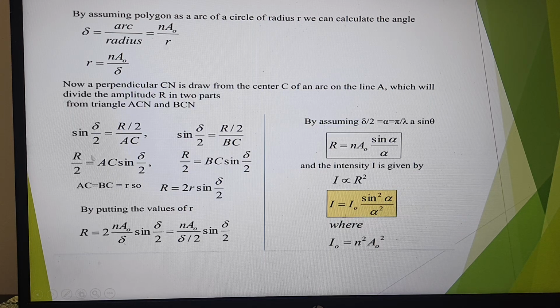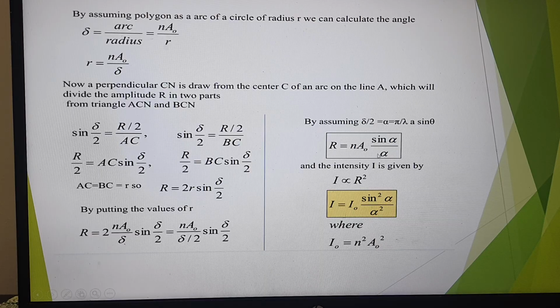Then we can do the equation part: sin delta by 2 equals R by 2 over AC. AC equals BC, that is small r, because we are representing R as the resultant amplitude. R equals 2r sin delta by 2, and putting in the values of small r, we finally get R equals N a naught sin alpha by alpha.